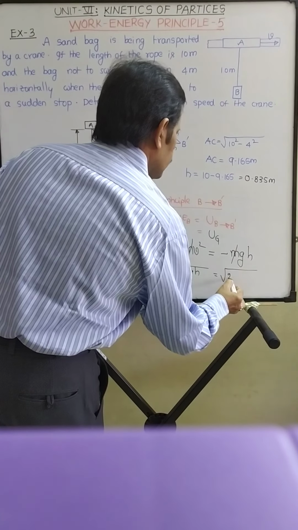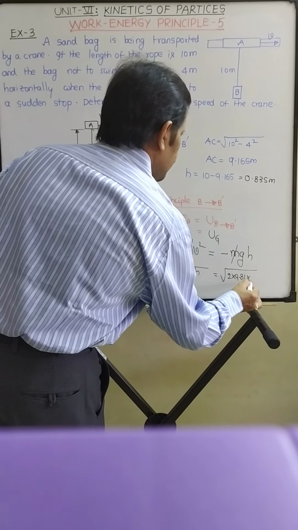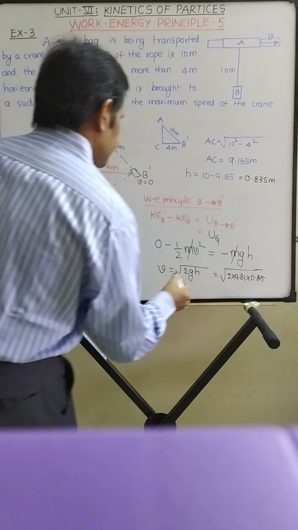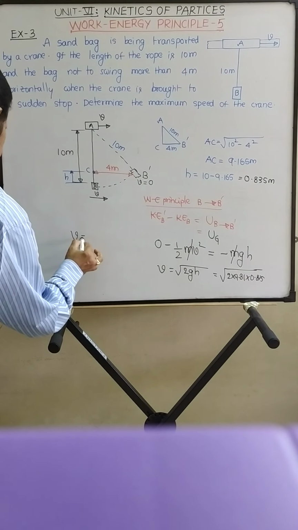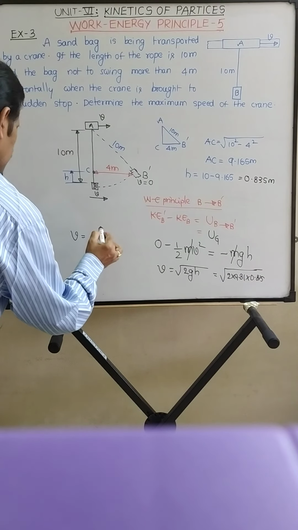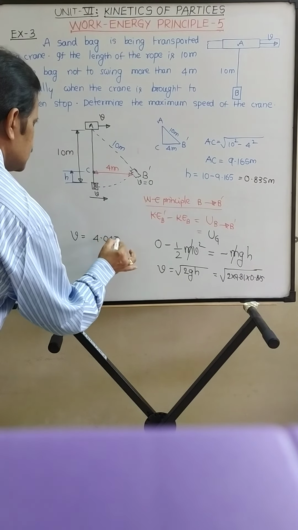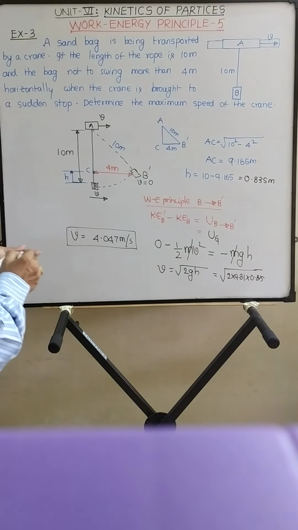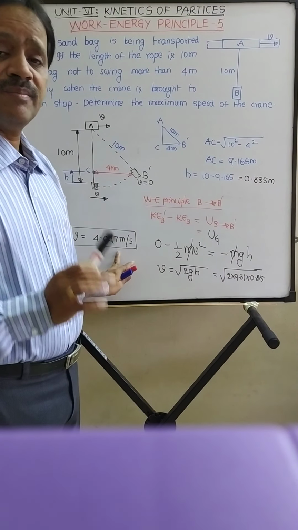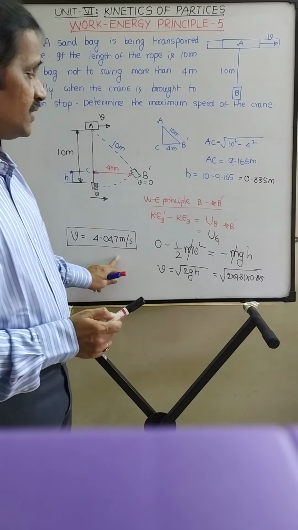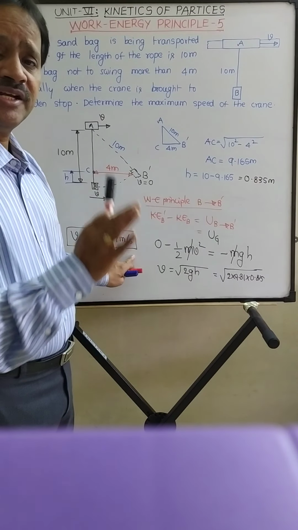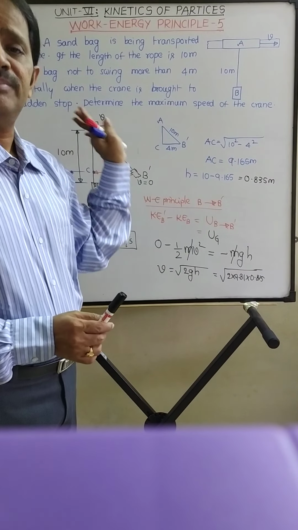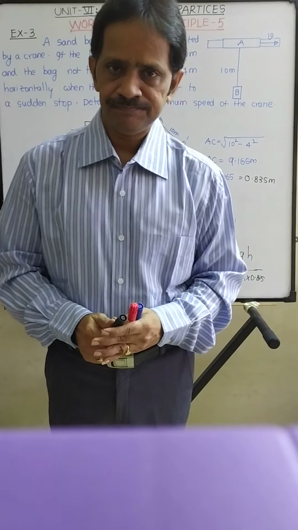So it is square root of 2 into 9.81 into 0.835. That gives you v equal to 4.047 meters per second. So it is the speed of the sandbag, same as that of the crane, so the maximum speed of the crane. So when the crane is moving with this speed and it stops suddenly, the bag will swing horizontally by 4 meters. Understood? Thank you.